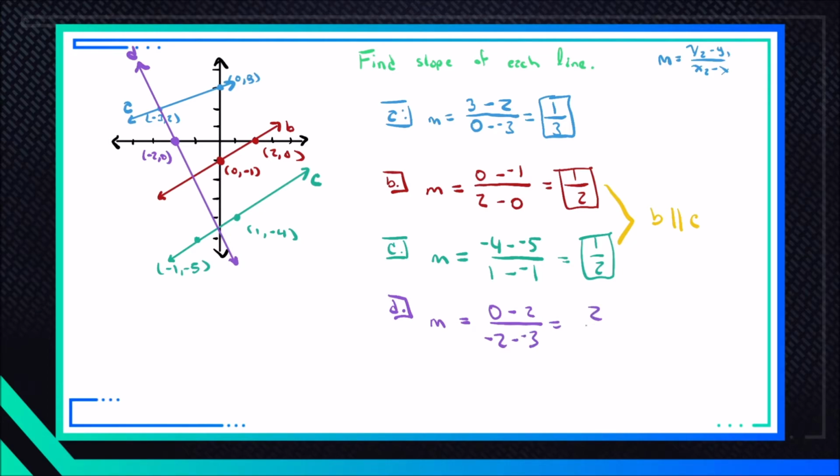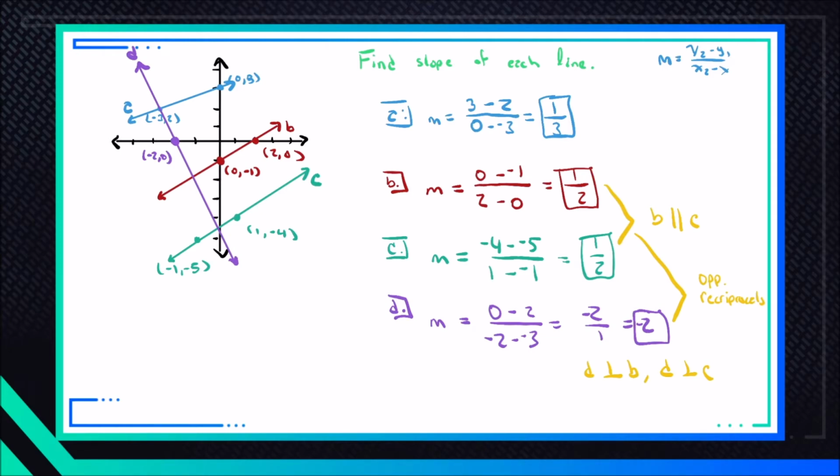So that's going to be a negative 2 over a positive 1, so that's going to be a negative 2. Look at now that this one and this one are opposite reciprocals of one another. And so we know that line D must be perpendicular to both B and C, because 1/2 and negative 2 are opposite reciprocals of one another.